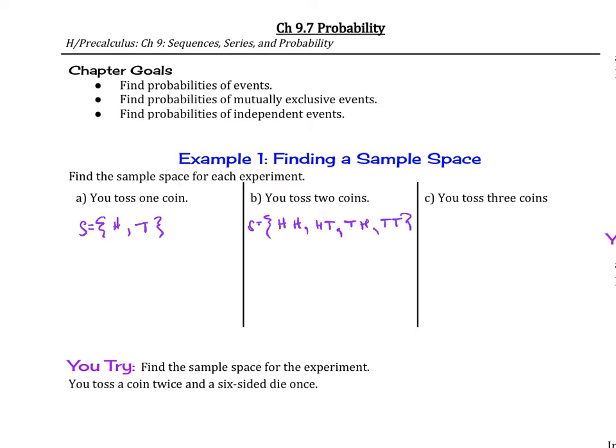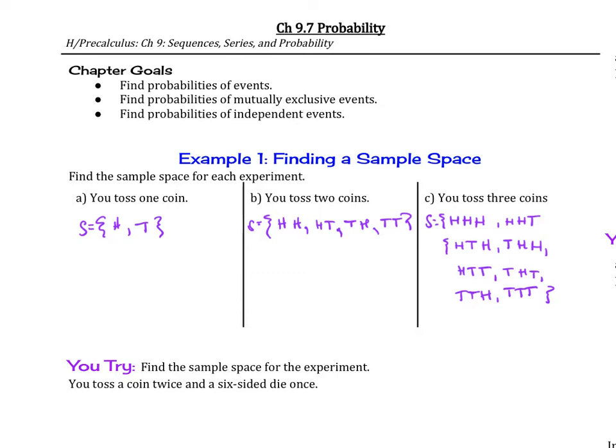And with three coins, what you could possibly get is three heads, two heads and a tail, head, tail, head, tail, head, head, heads, tails, tails, tails, heads, tails, tails, tails, heads, and tails, tails, tails. So there is our sample space. There are 8 possibilities here.